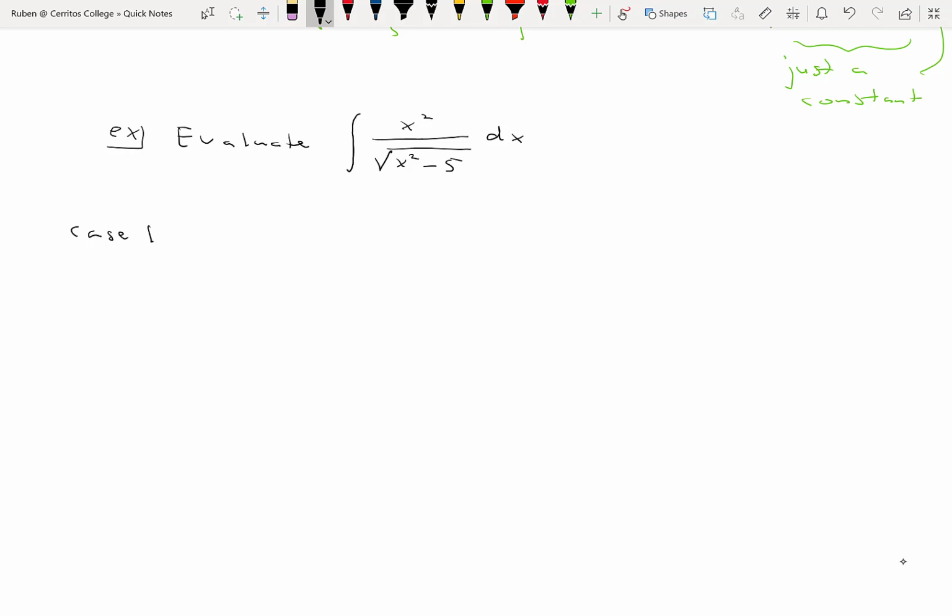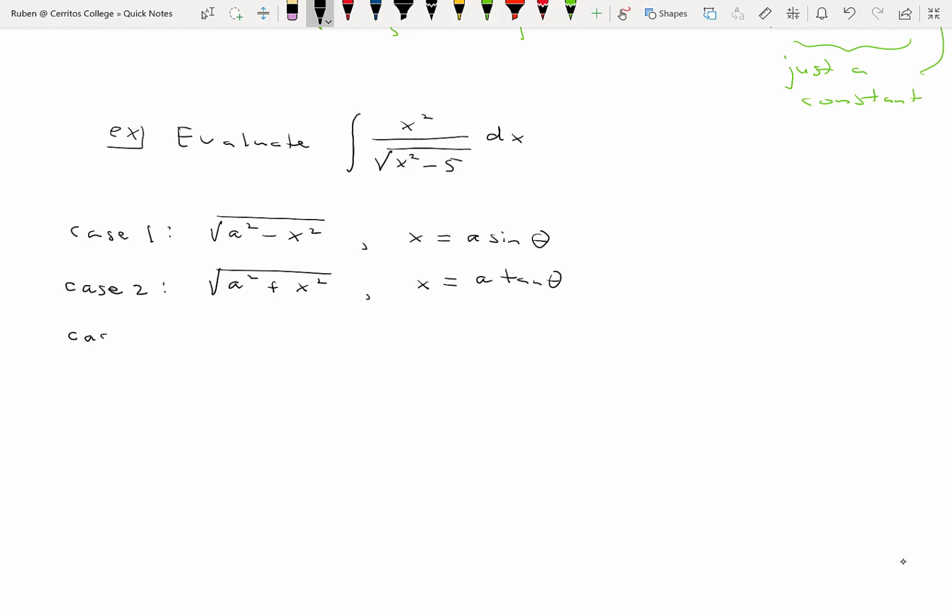So just to remind you, case 1: if our integral contains the square root of a squared minus x squared, where a squared is a constant, then the substitution is x equals a sine theta. Case 2: the integral contains the square root of a squared plus x squared. Let x equal a tangent theta.